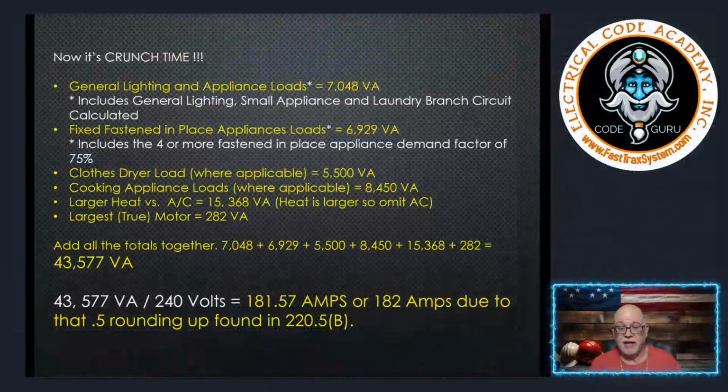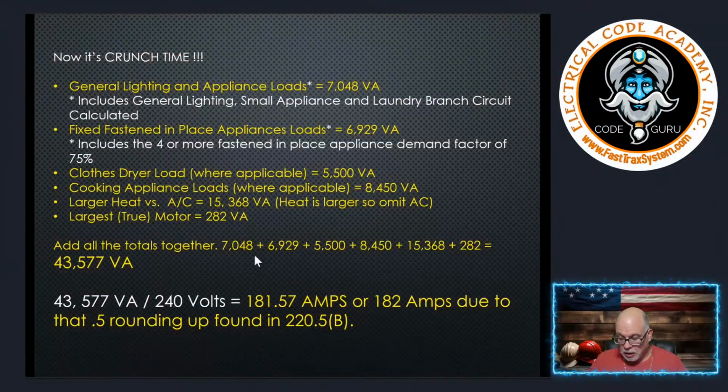Okay, so here we've got to focus. You could go running over to 310.16, folks, and simply go to the 75-degree column because of terminal limitations and temperature limitations of 110.14(C), and say, okay, I'm just going to find a conductor that can handle 182 amps and be done with it. But there's something you've got to remember. This is not an exception.